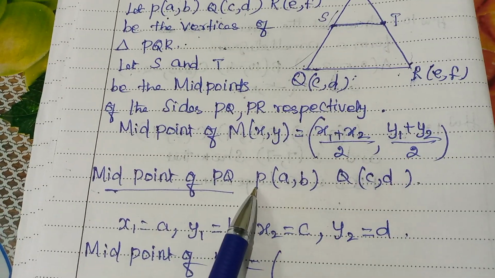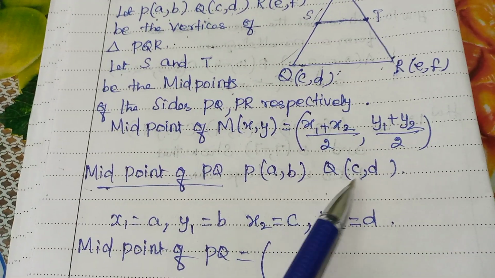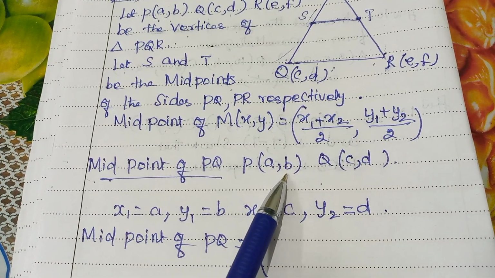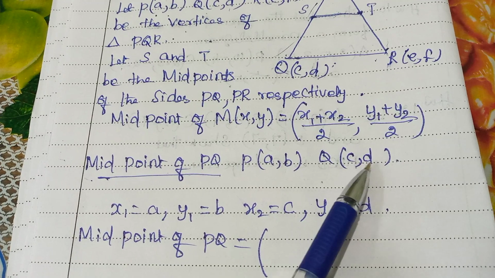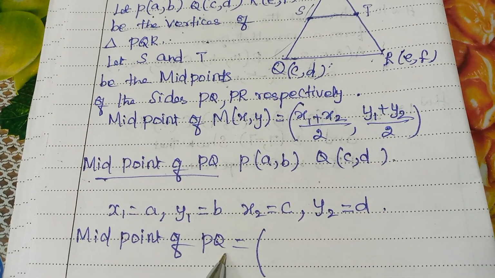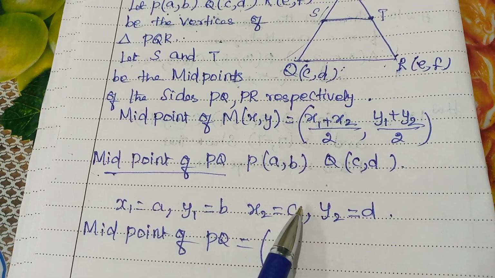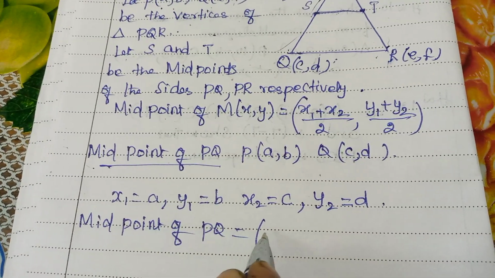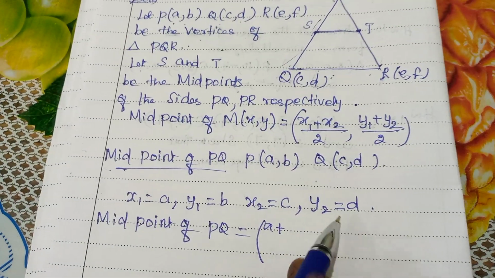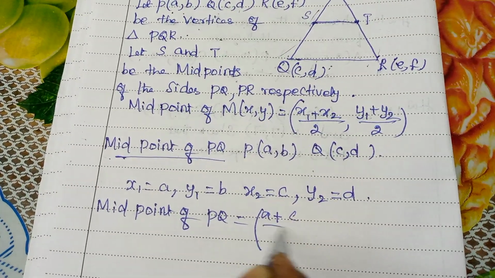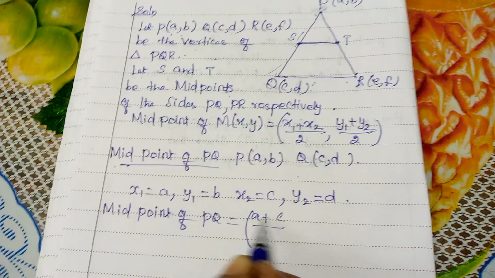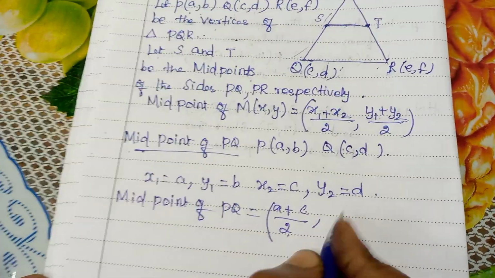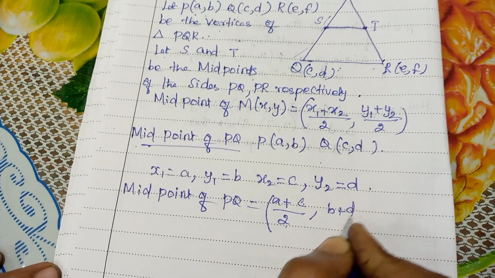That is P of A comma B, Q of C comma D. What is X1? A. Y1 is equal to B, X2 equal to C, Y2 equal to D. Midpoint of PQ is equal to, let us substitute these values in this formula: X1 plus X2 by 2, that is A plus C by 2, comma Y1 plus Y2 by 2, that is B plus D by 2.